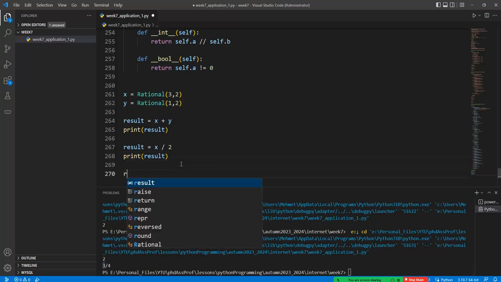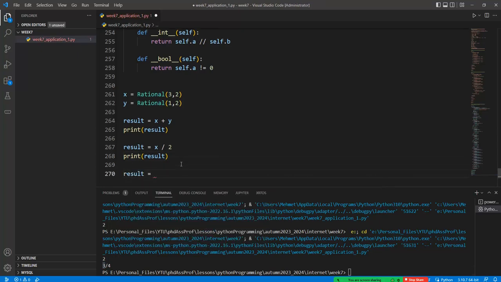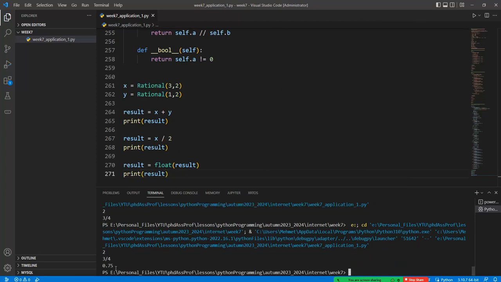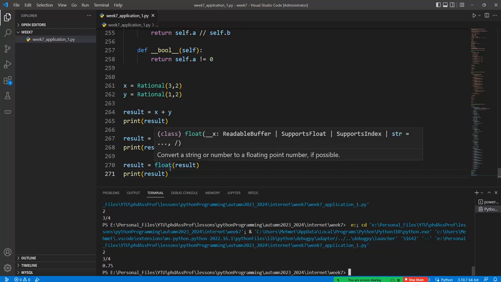Or we can convert our result by using the float term here, result value, and then we can convert this term like this one, and so this is 0.75, okay? This is the float value, but in the upper code 3 divided by 4 is a rational type, but this float is the float value, okay?